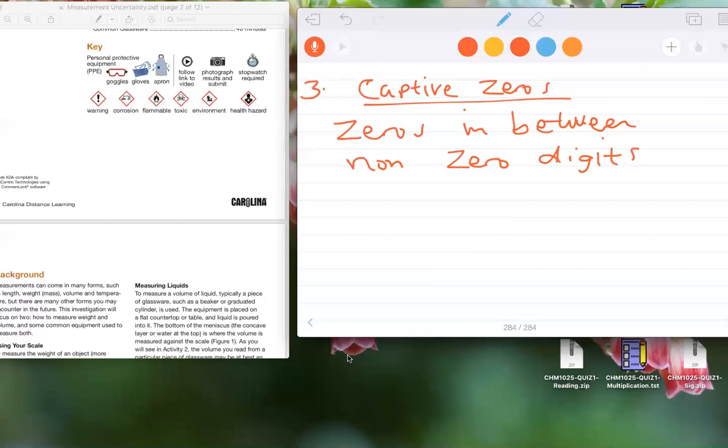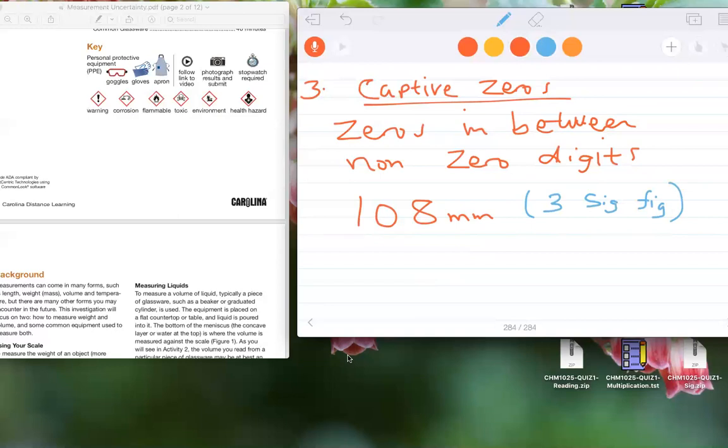They are captured in between. That's how I look at it. For example, here 108 millimeters. The zero here is a captive zero, and this number has three significant figures.